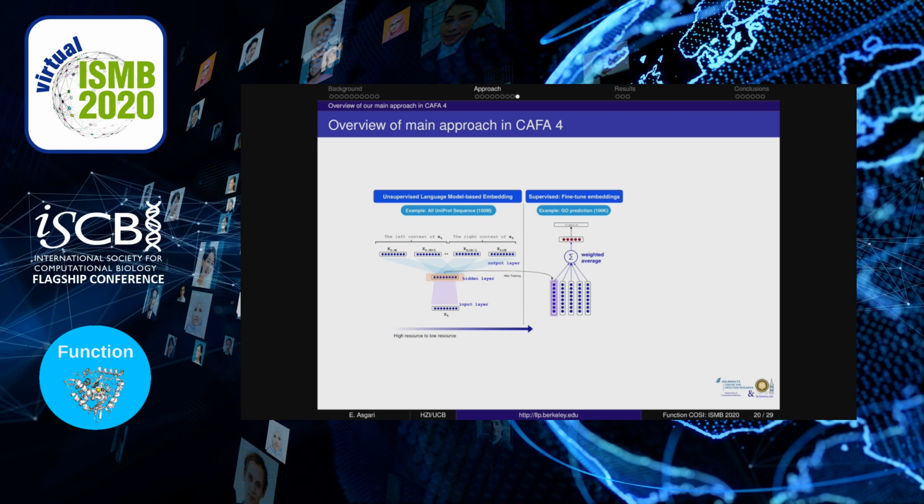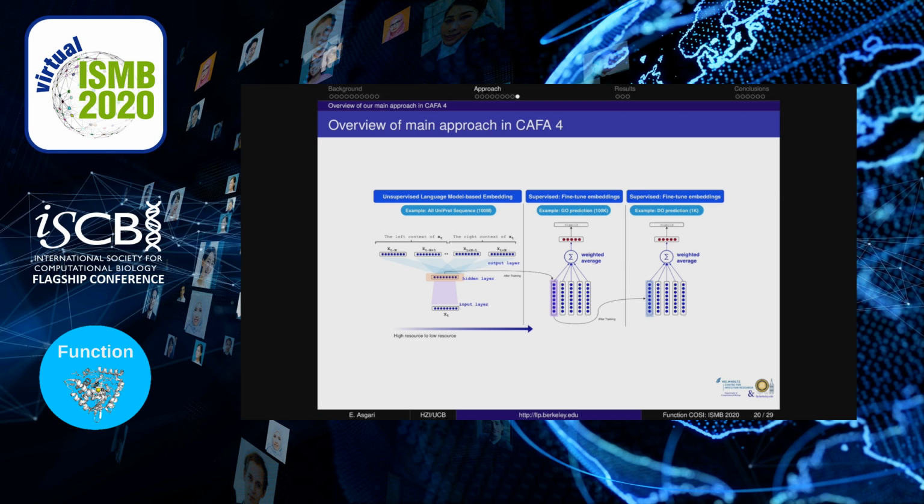Next, we use the pre-trained embedding from the Skipgram network in a classification network for prediction of gene ontology. We use the averaged embedding and we fine-tune this embedding during this training. And by getting the weighted average, we apply a sigmoid layer to predict the gene ontology classes.